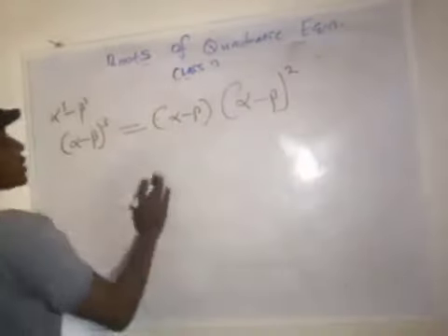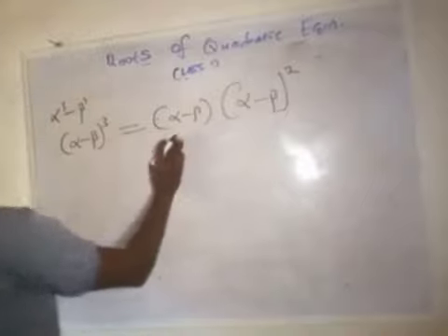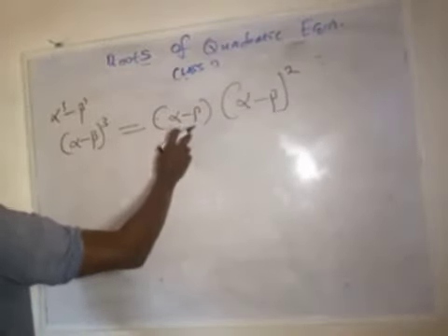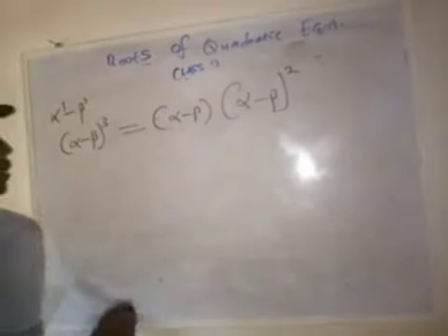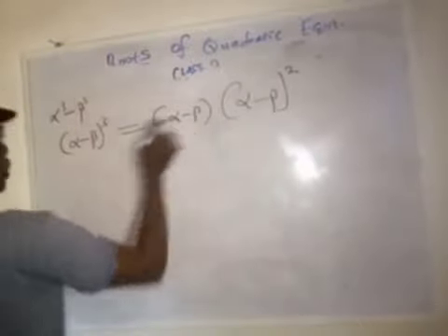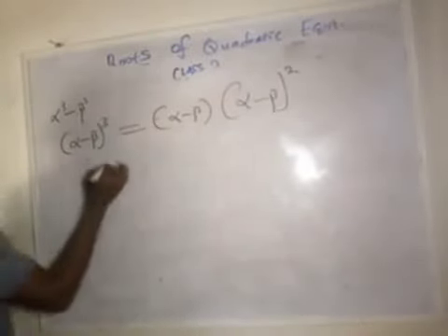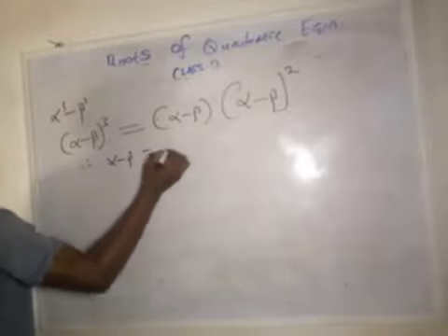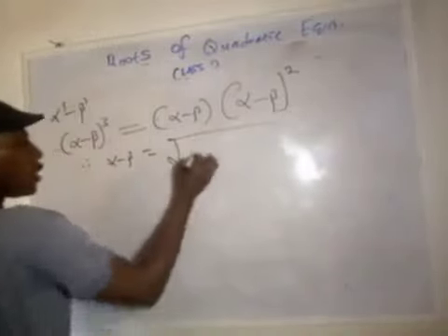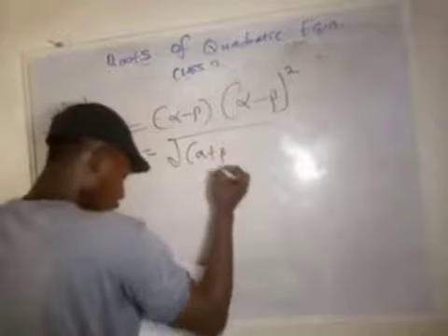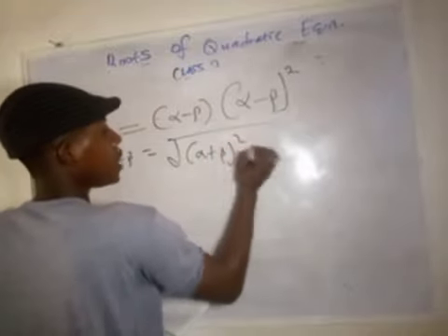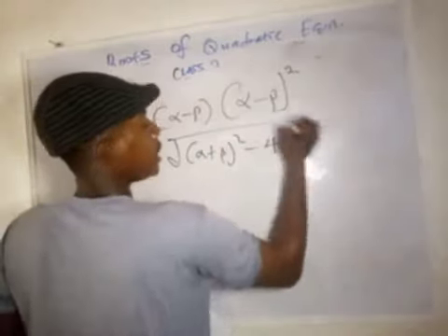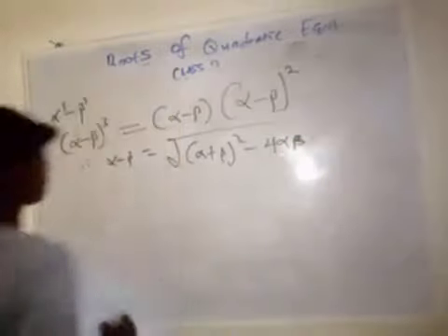Now, we all know that we have gotten the expression for alpha minus beta before, right? You should know that alpha minus beta is equal to the square root of alpha plus beta squared minus 4 alpha beta, right?